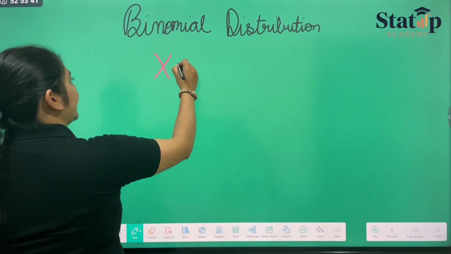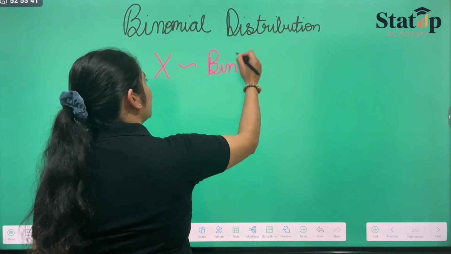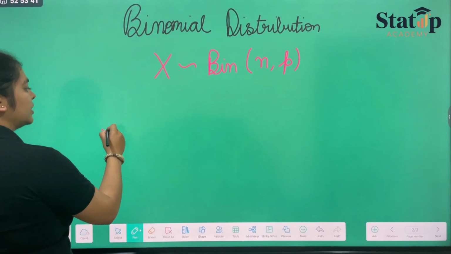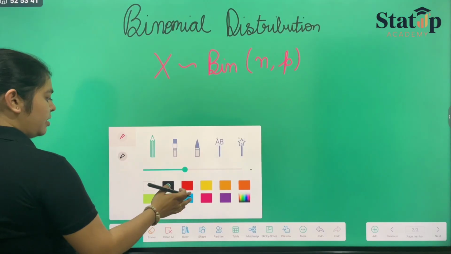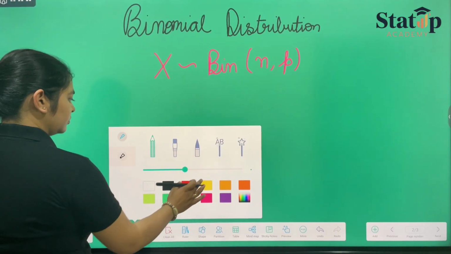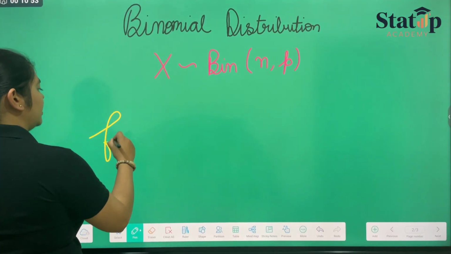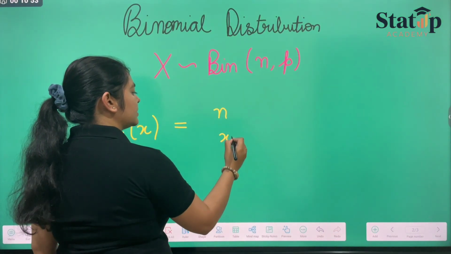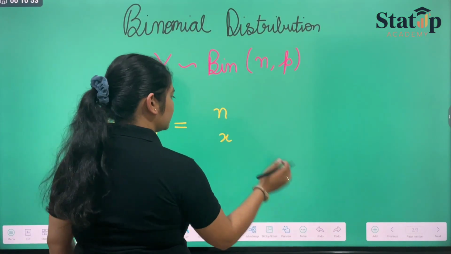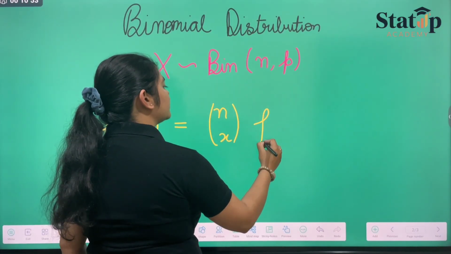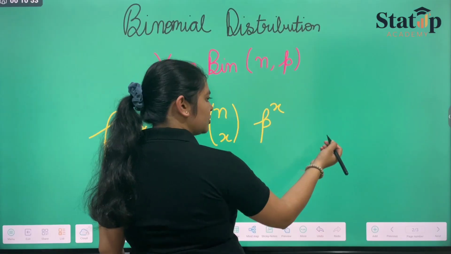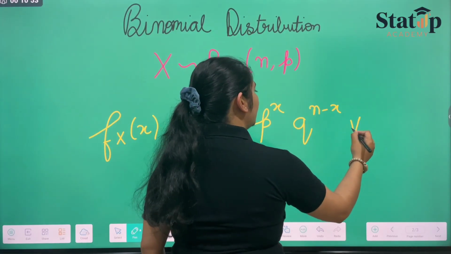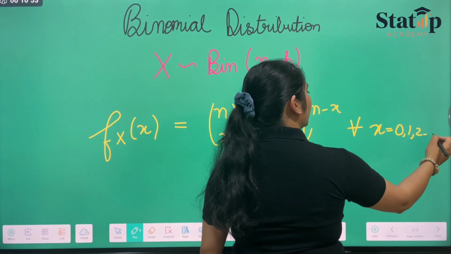So if we have a variable x and it follows binomial distribution with parameters n and p, then, because it is a discrete distribution, we will be writing the PMF of binomial distribution as nCx p raised to the power x and 1 minus p raised to the power n minus x, and we can take it as q raised to the power n minus x, for all x going from 0, 1, 2 and so on.